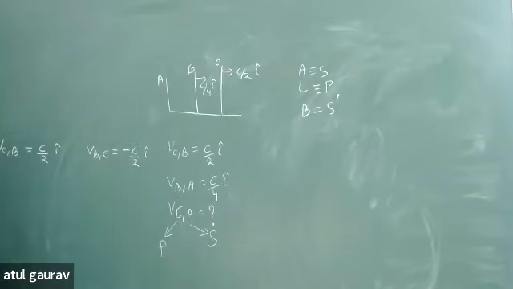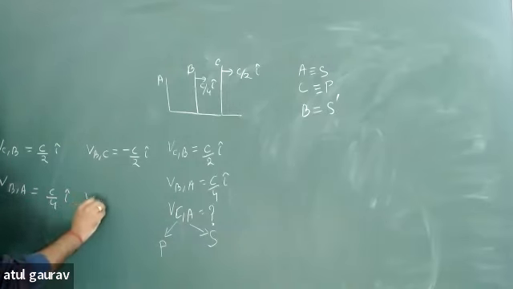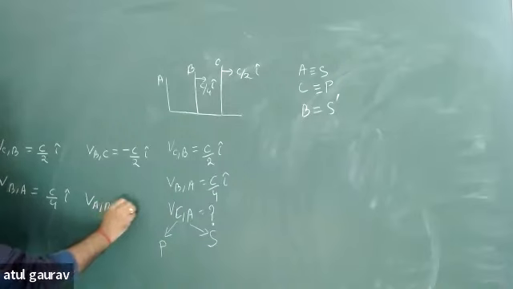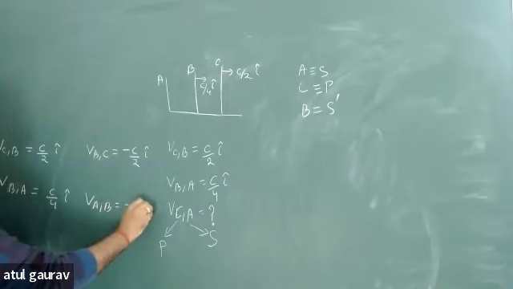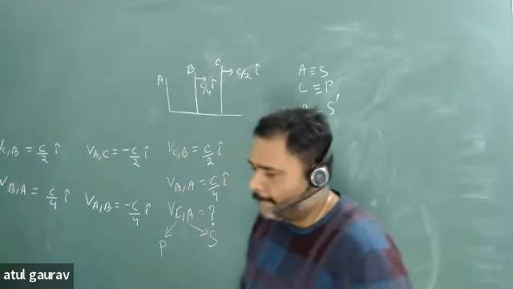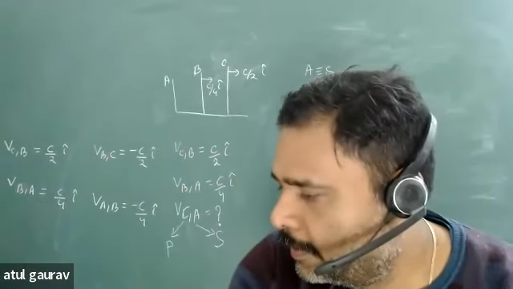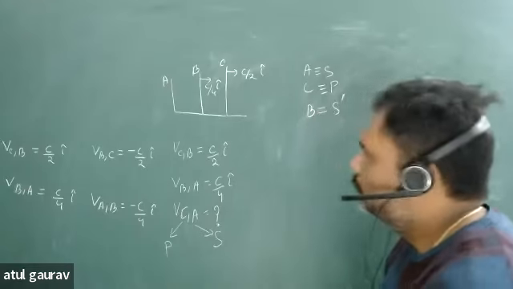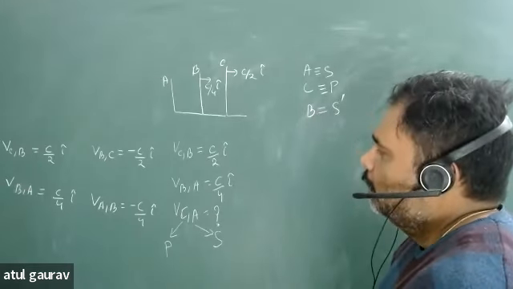Now velocity of B with respect to A is c by 4 in I cap direction. So velocity of A with respect to B is minus c by 4 in I cap direction. Everyone is comfortable? Yes, sir. Okay.